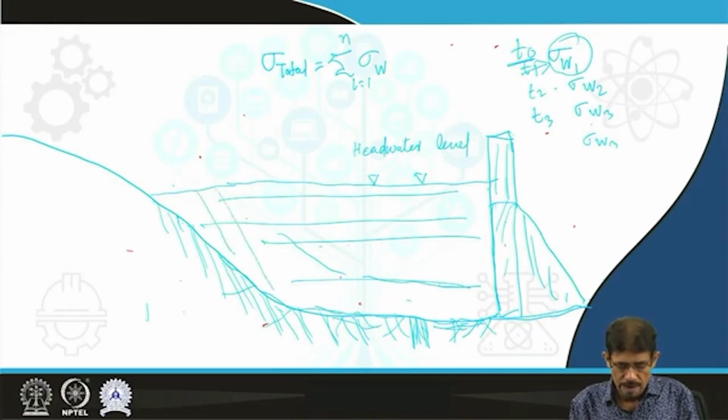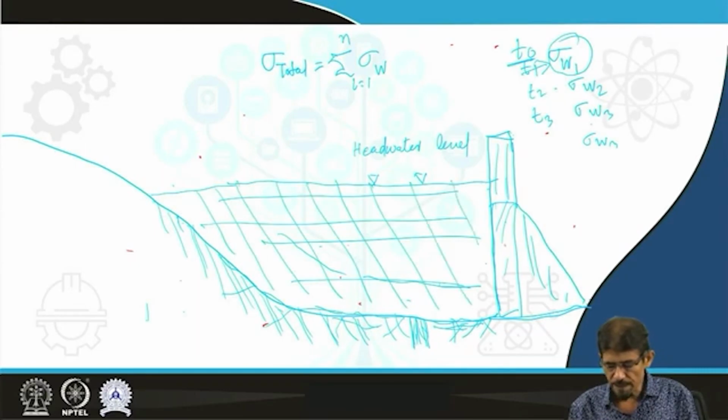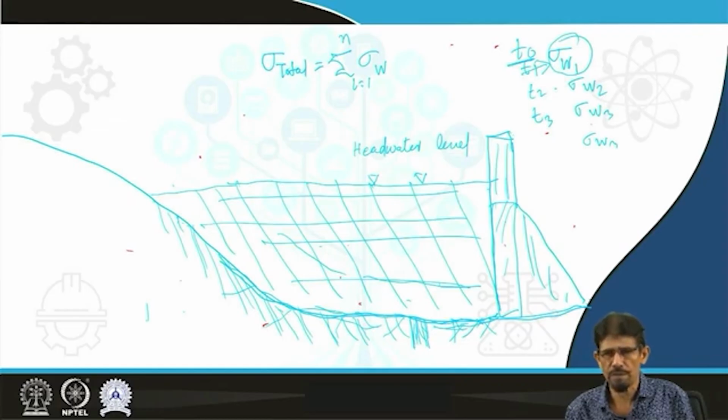There is continuous increment in load with respect to time during filling. Due to this, the strata lying below the reservoir is subjected to additional load with respect to time.